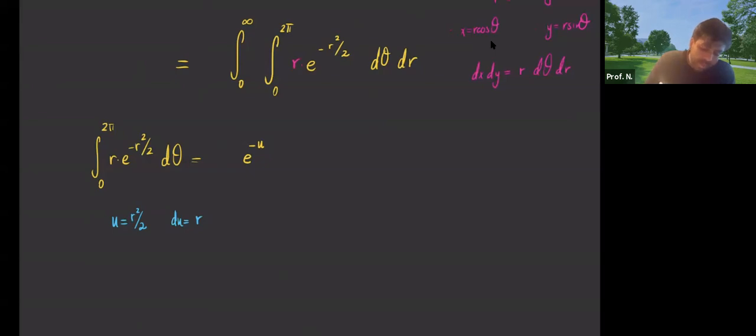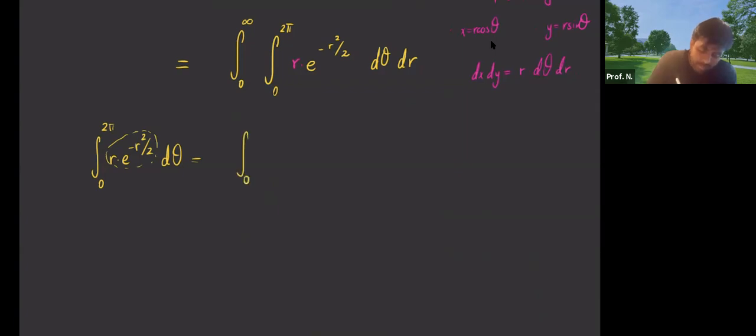You see this? This is a function in terms of r, but our integral is with respect to theta. So this entire thing is treated as a constant. So you can take this constant outside of this integral, and so I'm just going to write it like this.